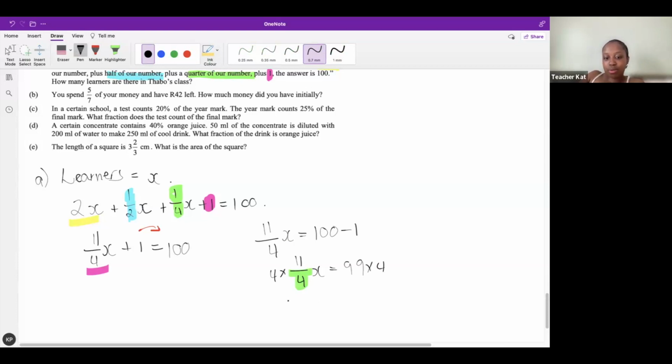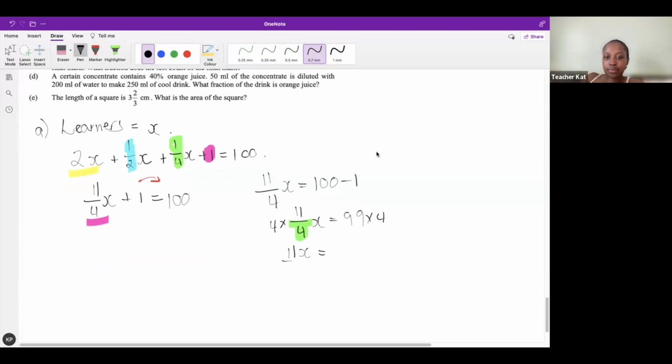So then we'll be left with 11x equals, what's 99 times 4? 99 times 4. 396. Okay, we've gotten rid of the 4.